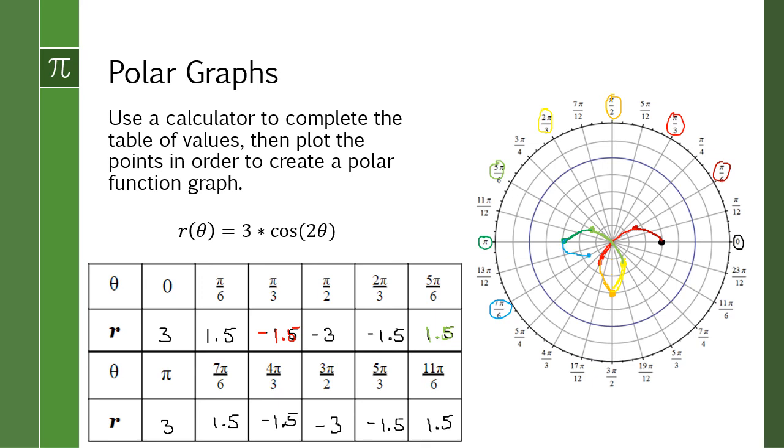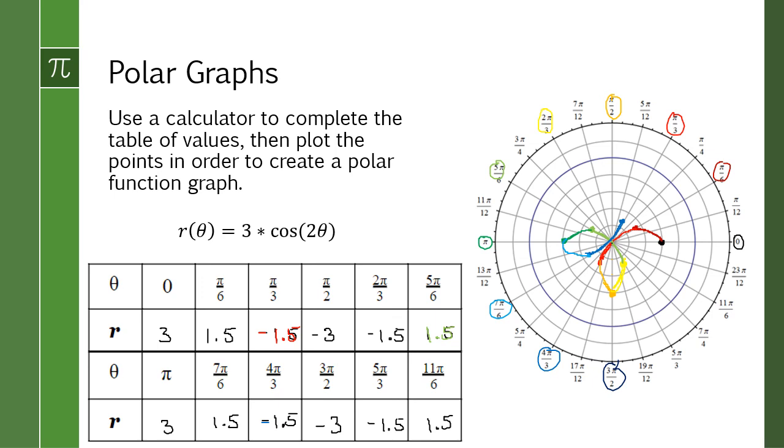And now I've got more negative radii. So 4 pi over 3, my radius is negative 1.5. So starting at the origin, going 1.5 units away from the 4 pi over 3. Connecting that back to my previous point, something like that. And then just a couple more here, 3 pi over 2, radius -3.